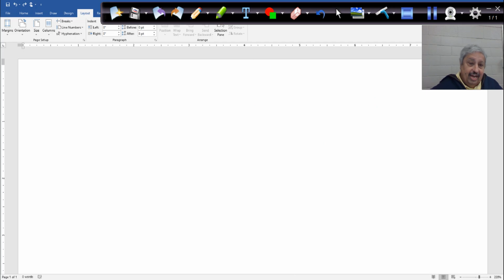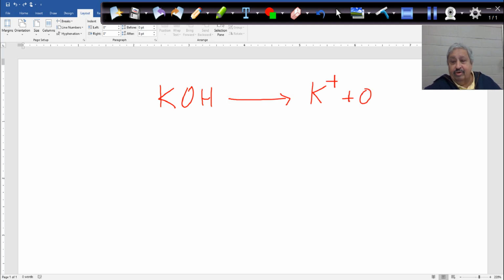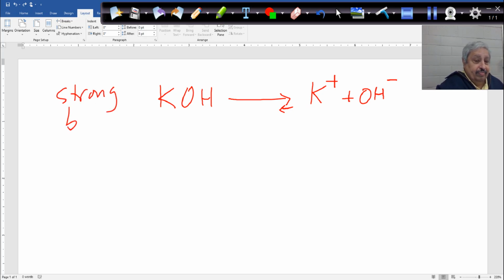Now, if I have potassium hydroxide, it goes like this: potassium plus OH minus, and then just a small tiny reverse arrow. Is this a strong base or a weak base? This one is strong, correct? Strong base.